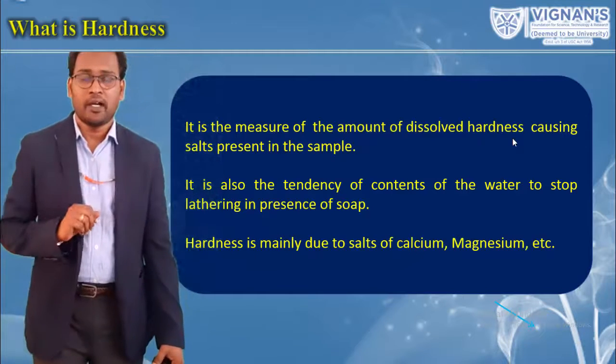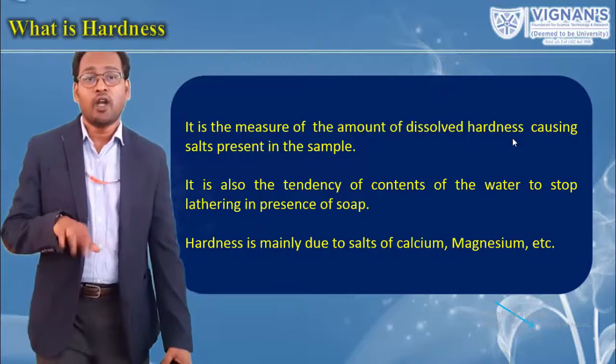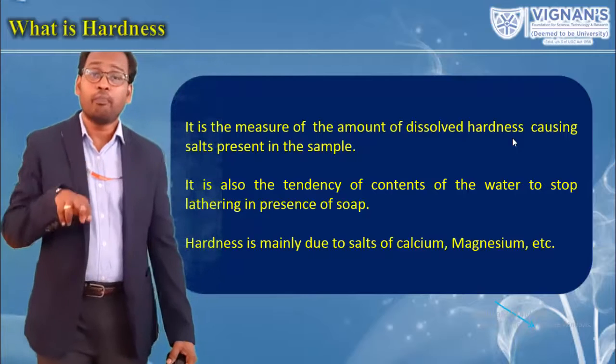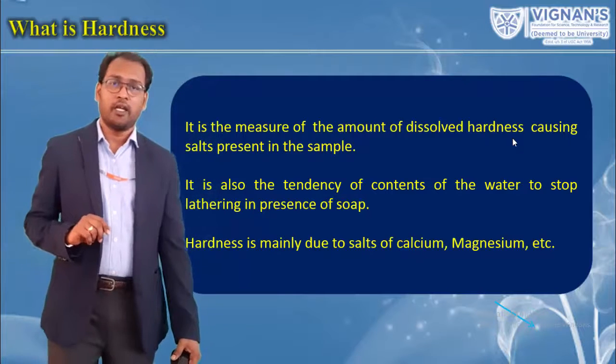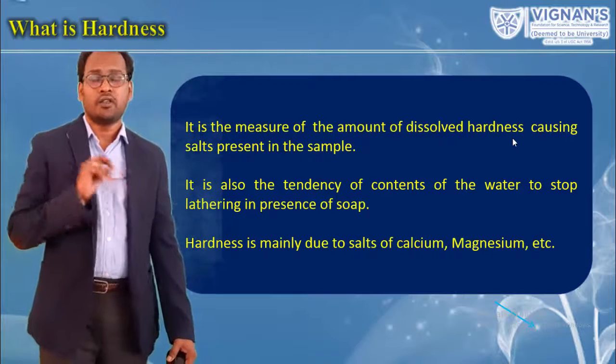The second property of hardness is that it is the property of the water not to lather when it comes in contact with soap. This is the property of hard water. This is not the definition, but you can also write this as a definition for hardness.